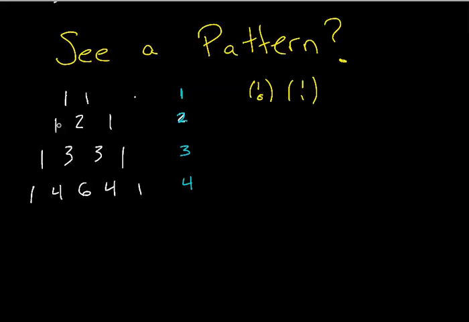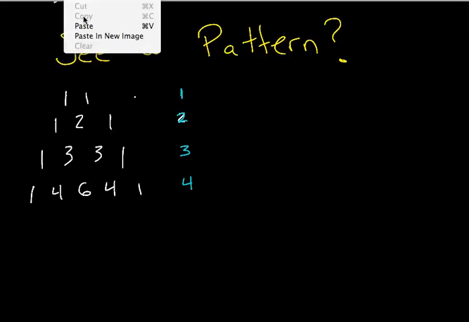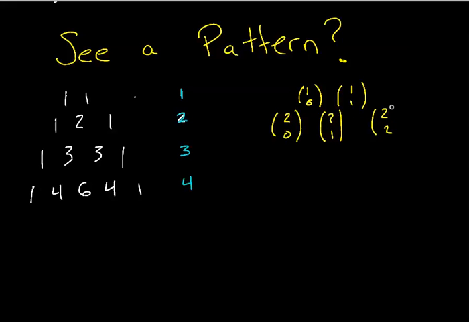Let me move that over a little bit, because you'll see why that is going to be very useful to us. For this one right here, it was out of 2 items, choosing none. The one in the middle was out of 2 items, choosing 1 of them. And the one on the outside was out of 2 items, choosing both of them.